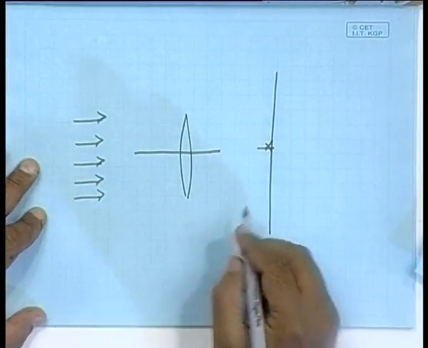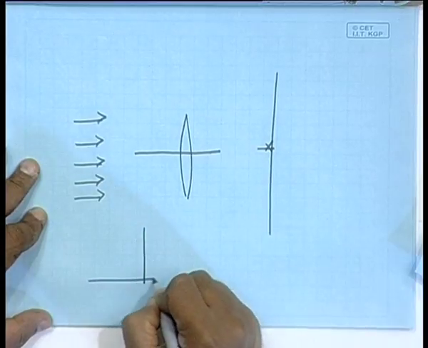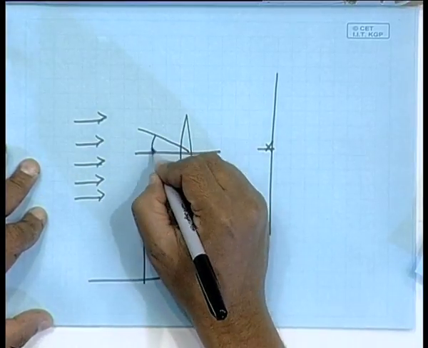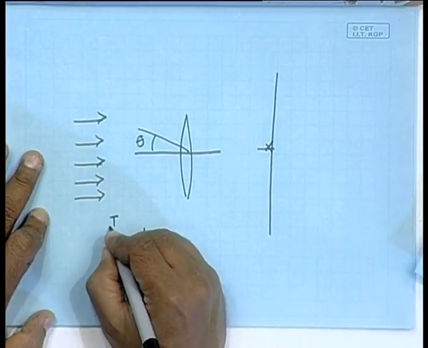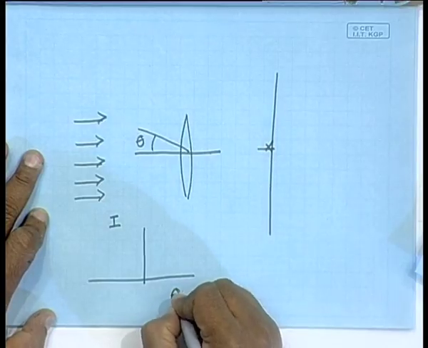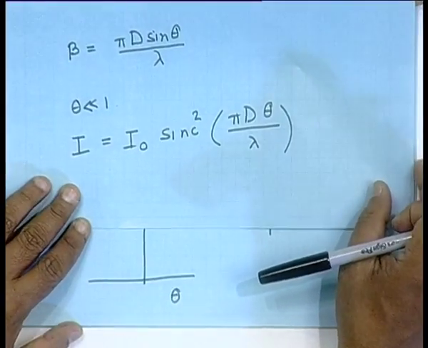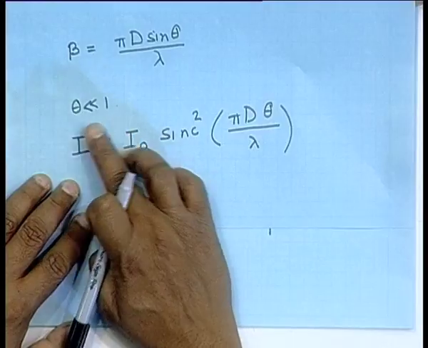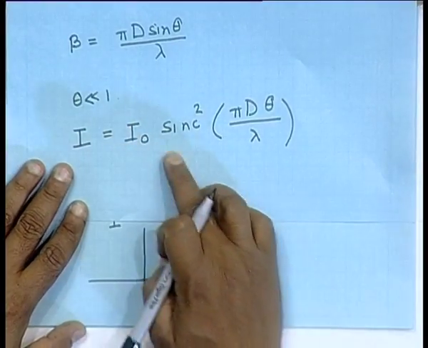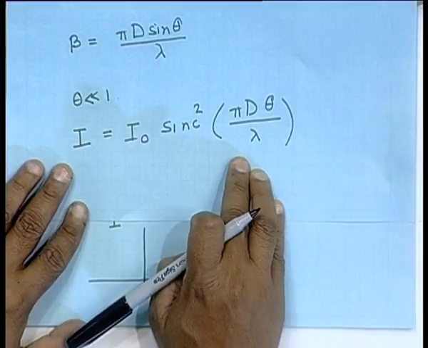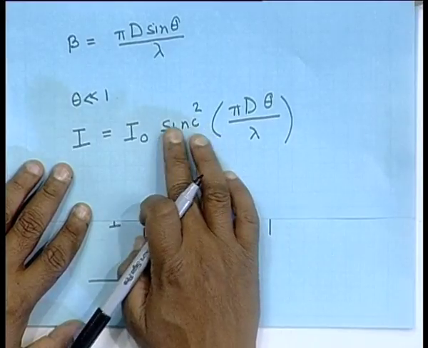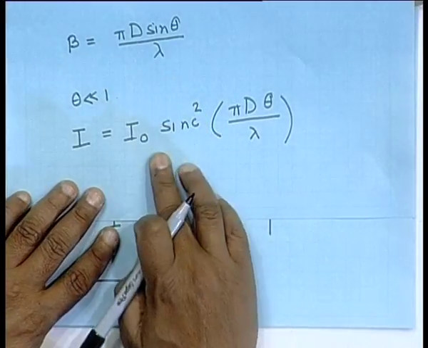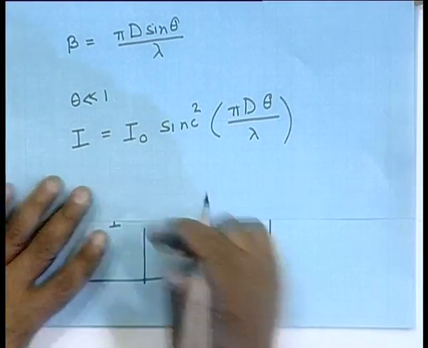If I plot the intensity pattern as a function of theta, theta is the angle over here, each different value of theta corresponds to a different point on the screen. I am plotting the intensity as a function of theta as given by this formula, and I will consider the situation where theta is small. For small theta, you see that the intensity pattern is the square of a sinc function. Sin x by x at x equal to 0 has a value 1. So, at theta equal to 0, the intensity is going to be I naught.